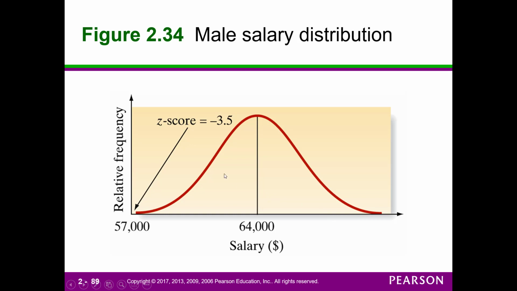Thus, z-score will equal the woman's salary, 57,000, minus the male mean, $64,000, divided by the standard deviation 2,000, that will equal minus 3.5.